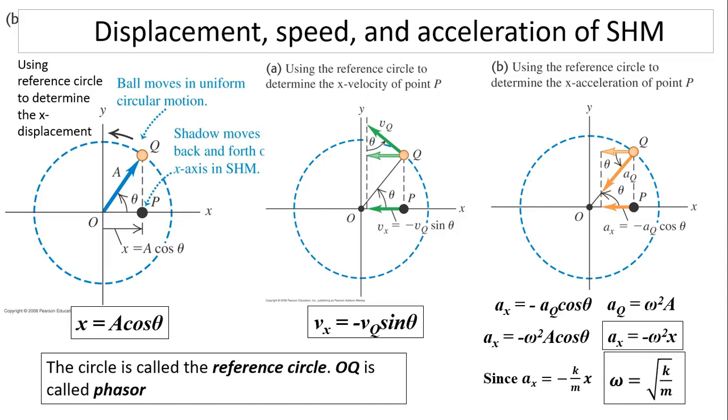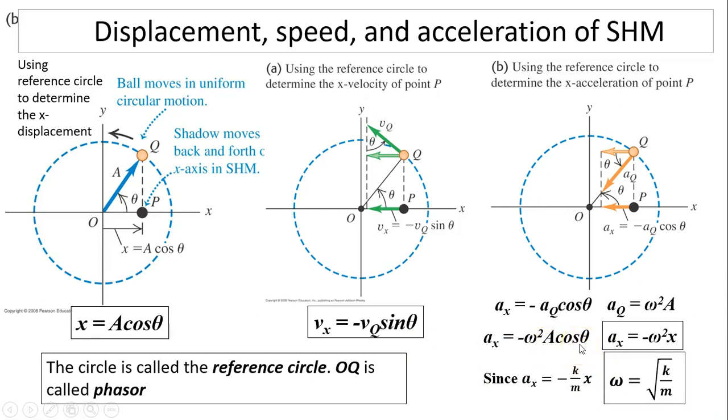We know aQ equals the centripetal acceleration, v squared over R. In this case, R is A. So aQ equals omega squared times A. We substitute aQ into ax, so we have ax equals negative omega squared times A cosine theta.